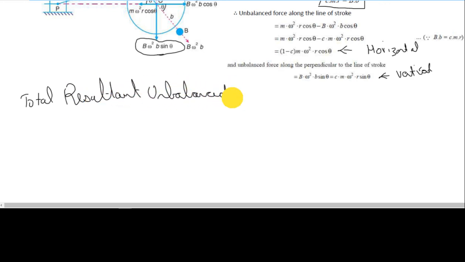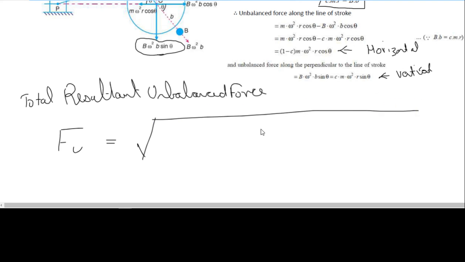So we have got horizontal and vertical components. So the total resultant unbalanced force, F_U or F_R as we can call it, will be the square root of horizontal square plus vertical square.